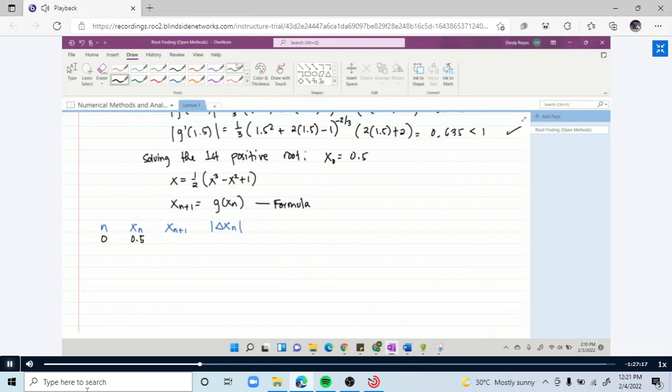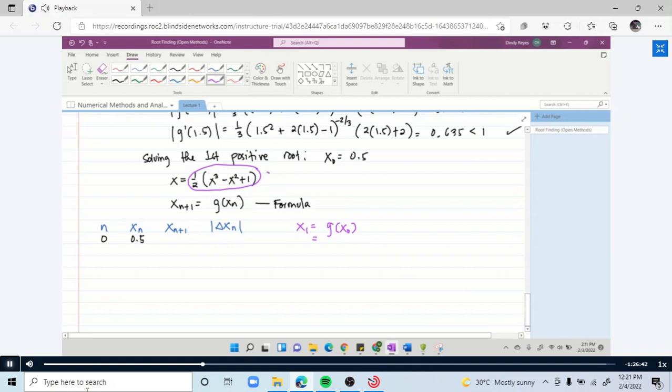Okay? Now, in our solution, we have to solve for x sub 1. According to that formula, x sub 1 is equal to g of x sub 0. Right? Whenever this is n plus 1, this is just n. So when you are solving for x sub 1, then this is just x sub 0. Now, x sub 1 is g of x sub 0. What is our g? This is our g, right?